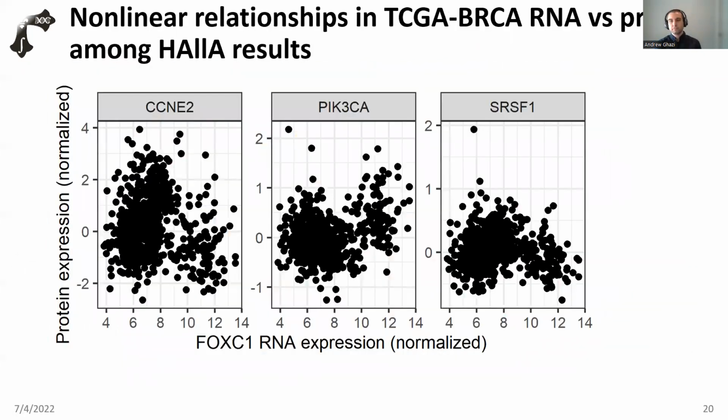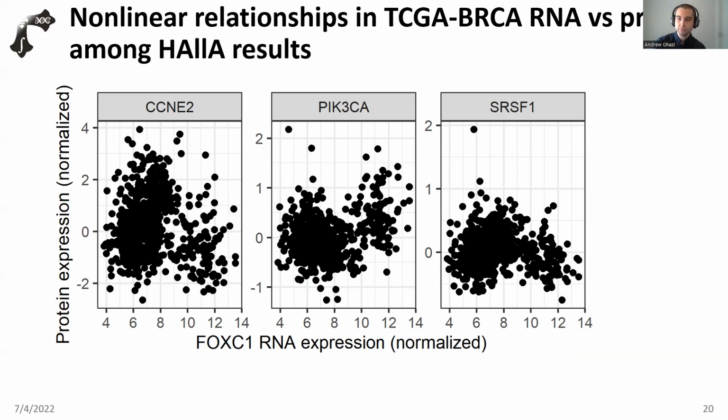And finally, I wanted to show some of the additional features of more exotic analyses you can do with HAllA. So we came across this interesting example of nonlinear association discovery with HAllA. This is in the TCGA breast cancer data set.